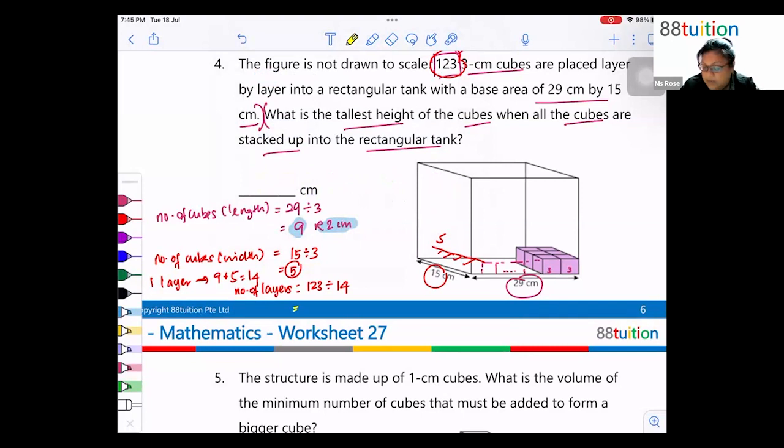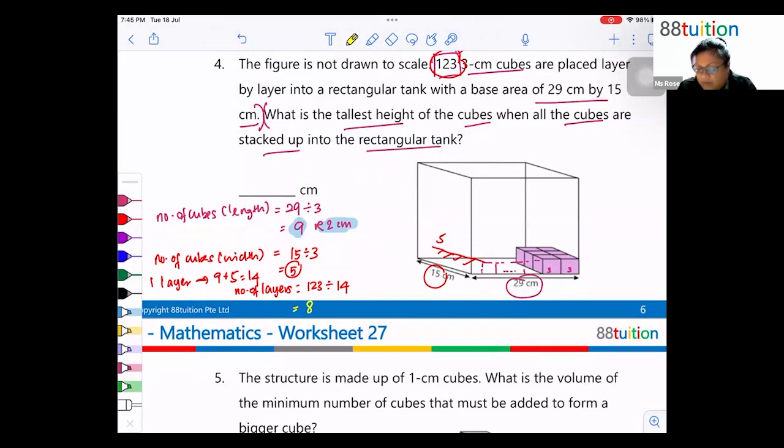How much would this be? How many layers can I get? 1, 2, 3, to give me approximately 8 layers. Okay, approximately 8. It's not divisible, of course.